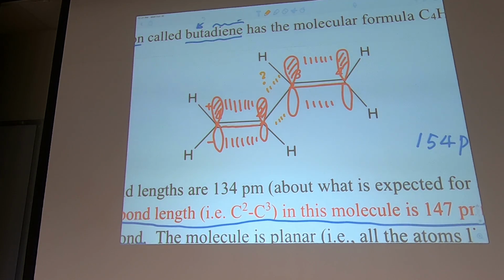So this has a little bit of the nature of a double bond. Without those sideways overlaps, which are like an extra rubber band tying the atoms together, you would have 154, but because of this, the number is 147. So this is the answer.